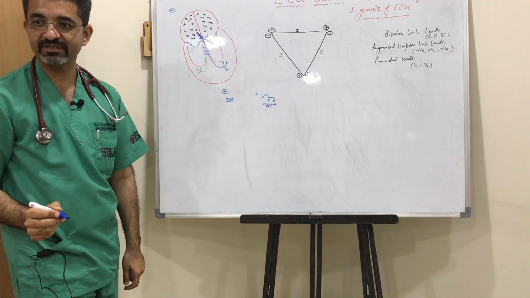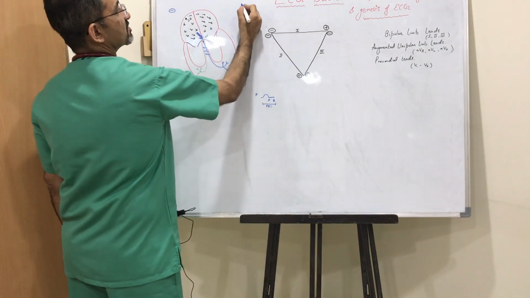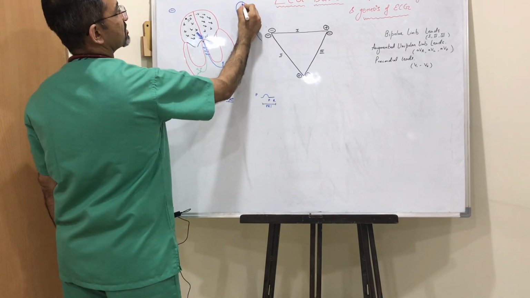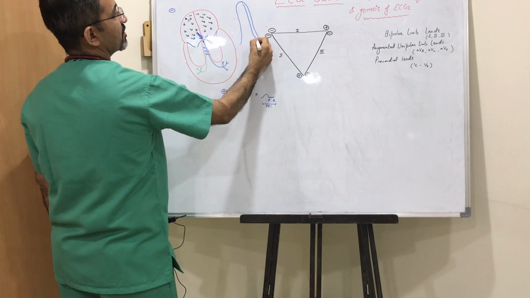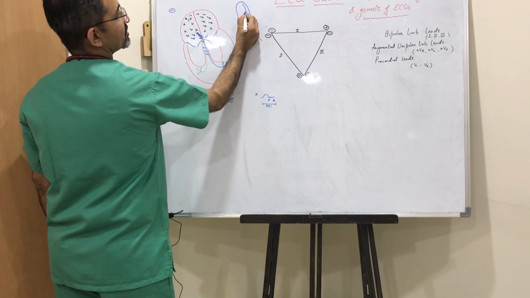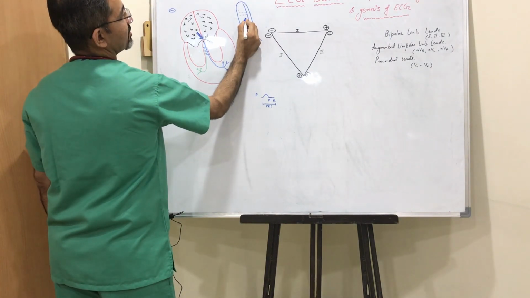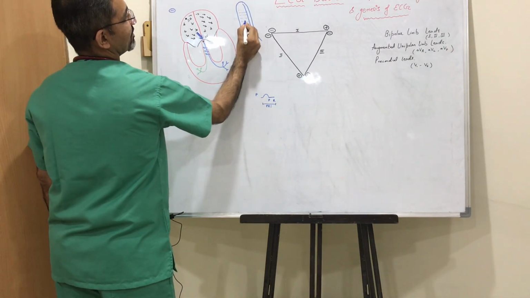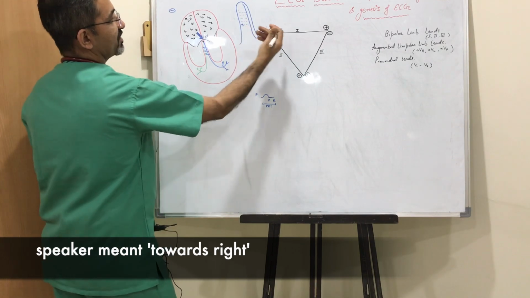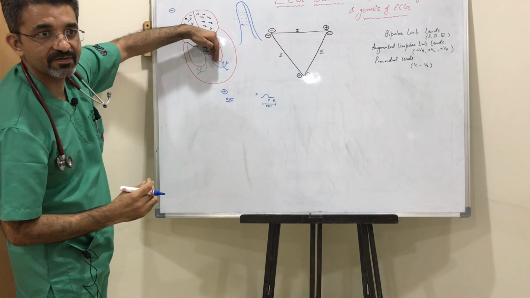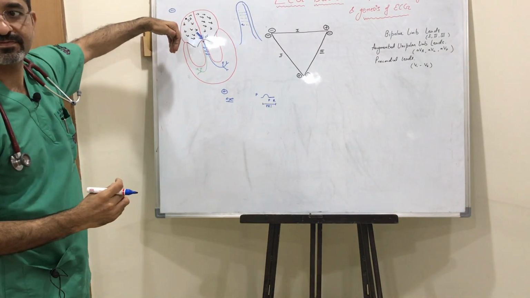I hope you are getting the point. If this is my septum and this is the left bundle branch, the moment it starts depolarization, the positive flow of ions will be like this. So the wave of depolarization starts from the left border and goes towards the right.